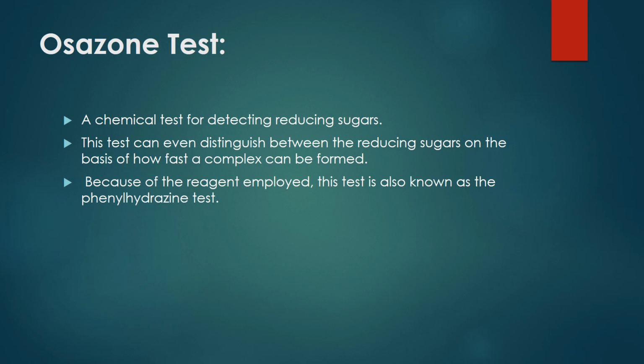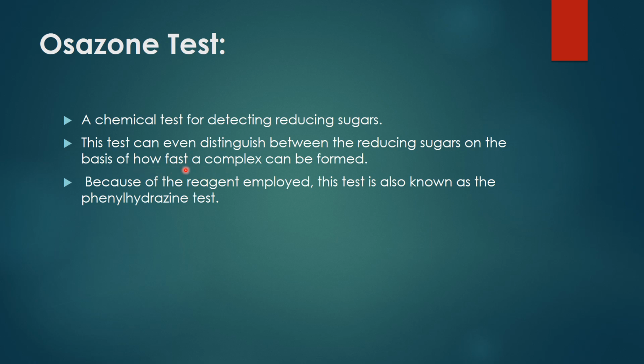The osazone test is a chemical test for detecting reducing sugars. This test can even distinguish between reducing sugars on the basis of how fast a complex can be formed. That means it depends on the time of formation of the crystals.